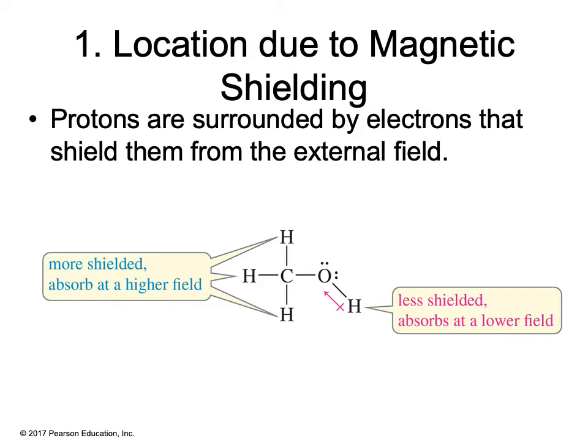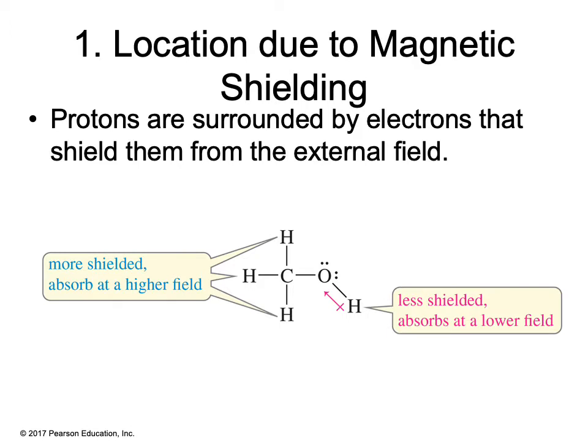So for example, if we have this compound here, we have hydrogens that are coming off of the carbon, and carbon is less electronegative than oxygen. So there's more electron density being shared between the carbon and hydrogen. So we call those shielded, right? Because the electron density is shared evenly between the carbon and hydrogen.